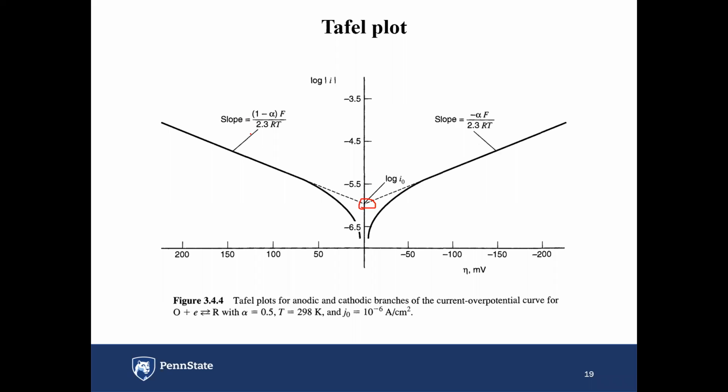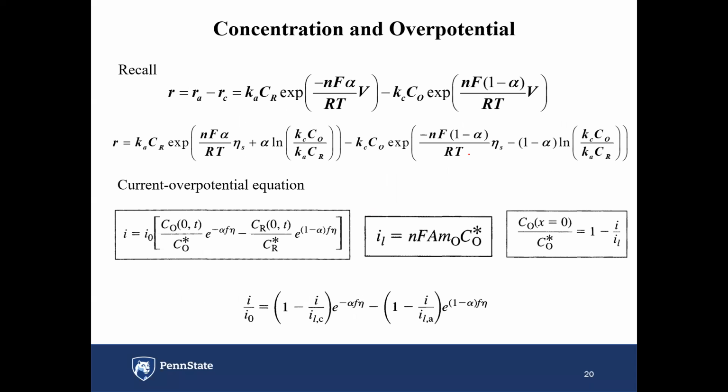And the slope is relevant to 1 minus alpha and also minus alpha, right? These three we can calculate just based on curve fitting. In the homework, we will give you some real data points so you can practice extracting the Tafel slope by yourself.